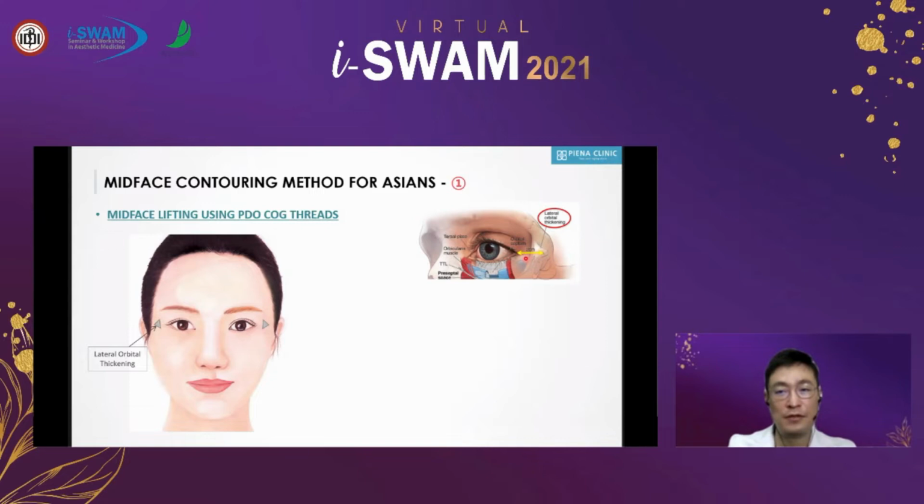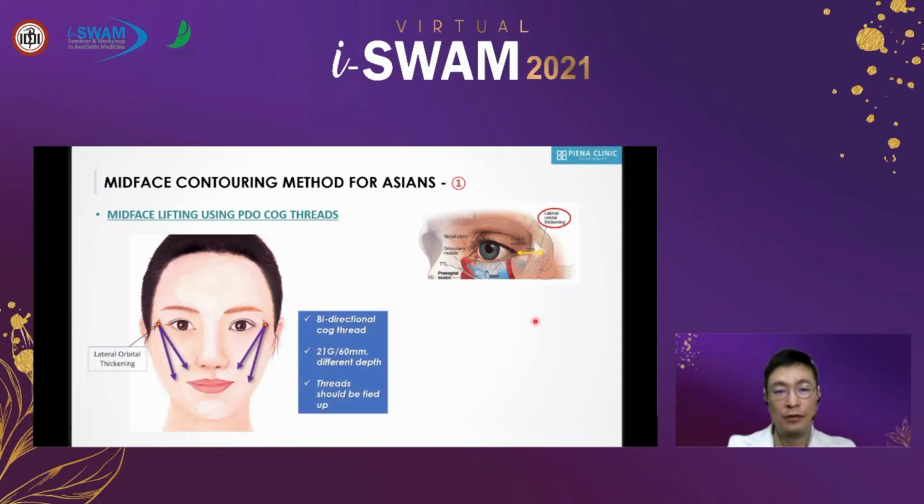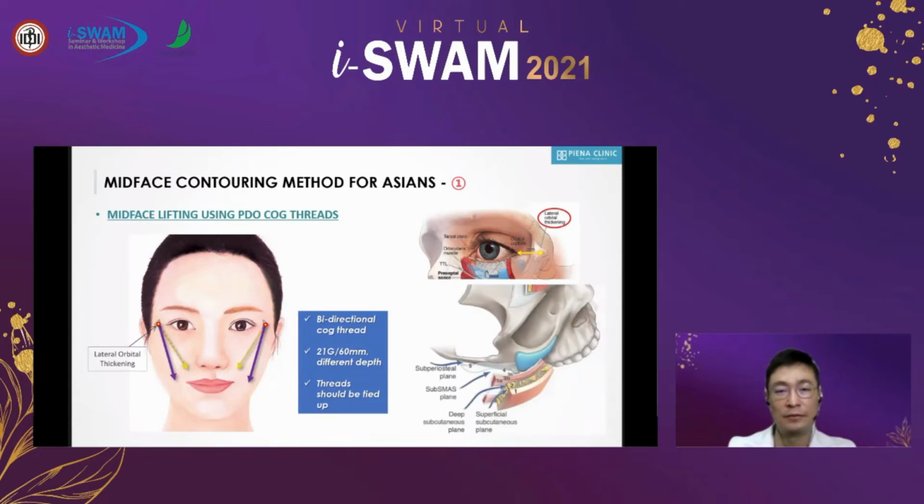It's located 2 centimeters lateral to the lateral canthus, and put two shorter bidirectional cog threads, and then if you tie them up at this area, you can create a very strong lifting effect without widening of the zygoma. So one will be passed more superficially, and one can go deeper.